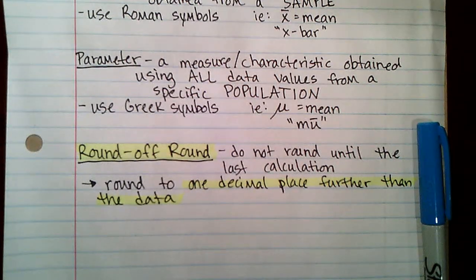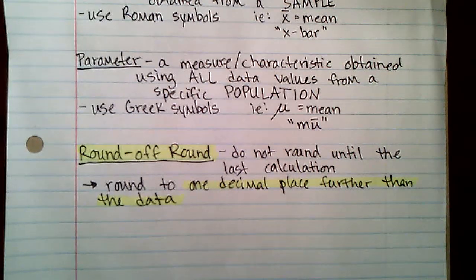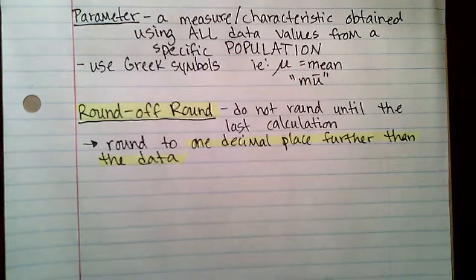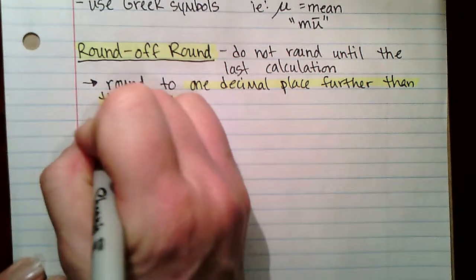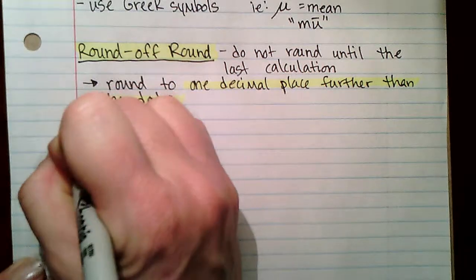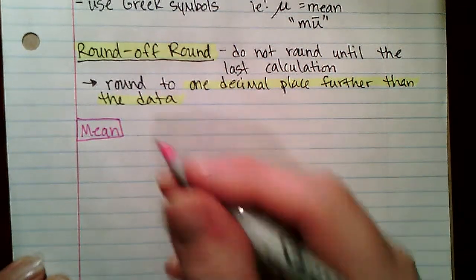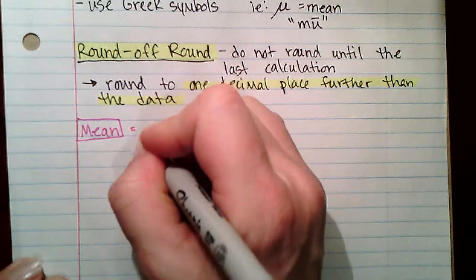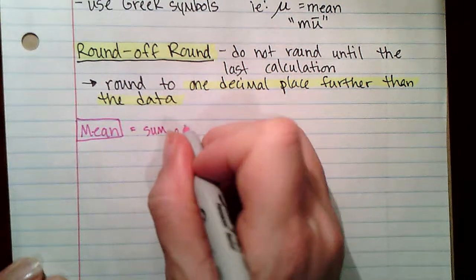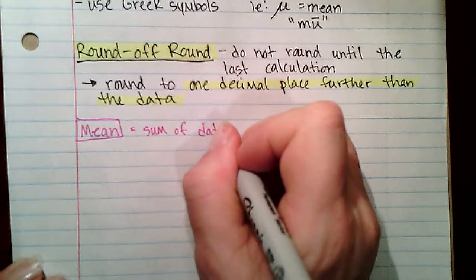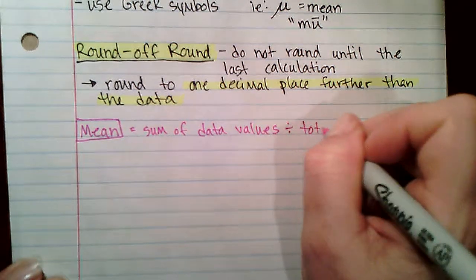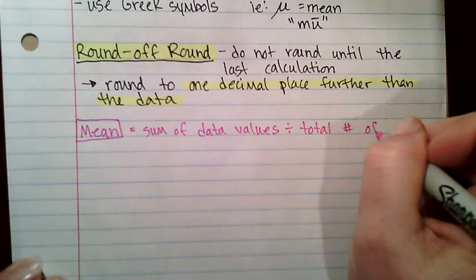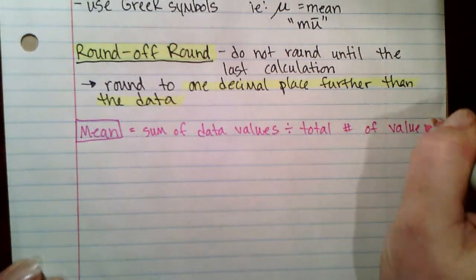Okay, let's go on to figuring out how to calculate these measures of central tendency. So we'll start with the one that you're probably the most familiar with, which is the mean. The mean is equal to the sum of the data values divided by the total number of values.